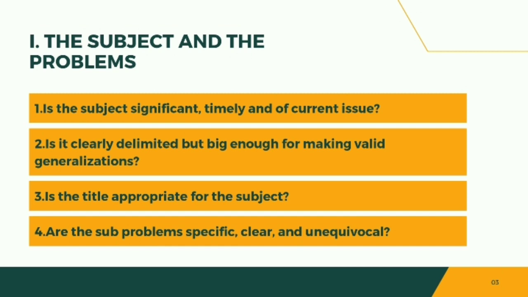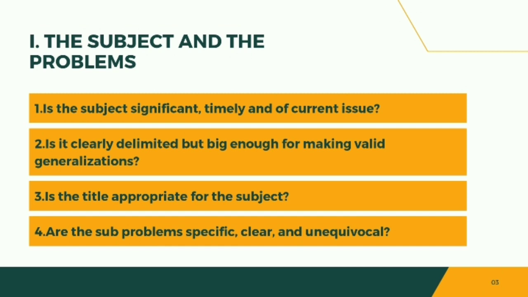The third question is: is the title appropriate for the subject? Yes, of course. The title should contain or give a hint to the reader of what particular problem is being studied, meaning the title should give a hint of the problem being studied by the researcher. The last is number 4: are the sub-problems specific, clear, and unequivocal?